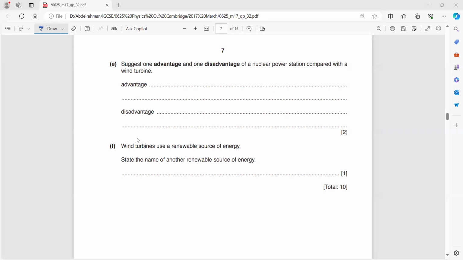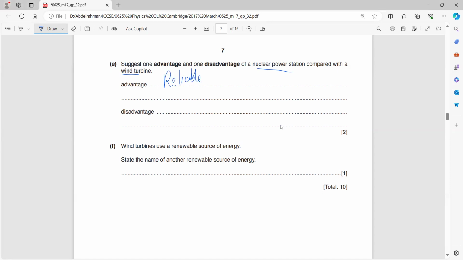One advantage is definitely not polluting. When I'm comparing them both, it is reliable.